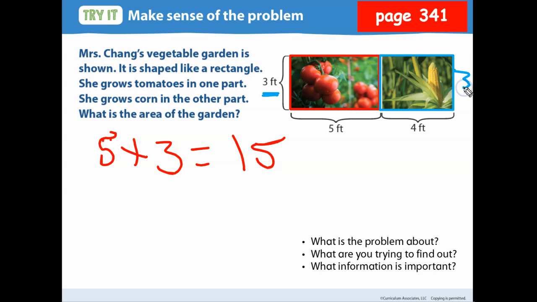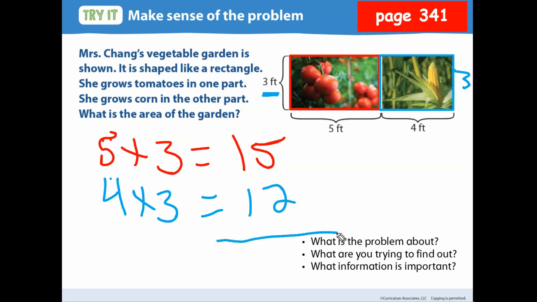So that should be a 3 right here. So now I have 4 times 3, which is 12. And then how do I find the area of the whole thing? I add both areas now, right?